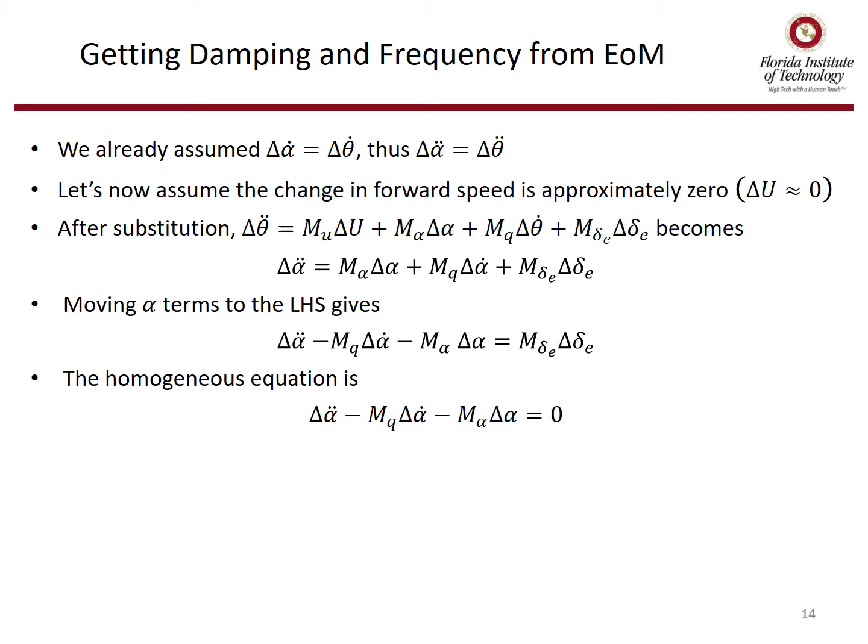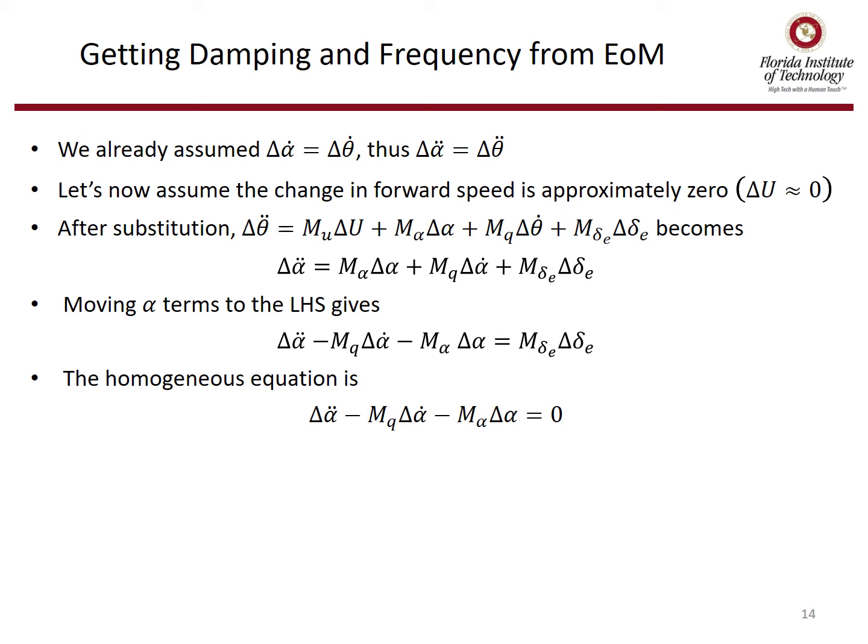Delta theta double dot equals mu delta u plus m alpha delta alpha plus mq delta theta dot plus m delta e times delta e. That then becomes delta alpha double dot equals m alpha delta alpha plus mq delta alpha dot plus m delta e delta e.